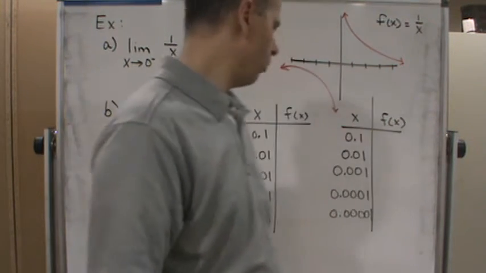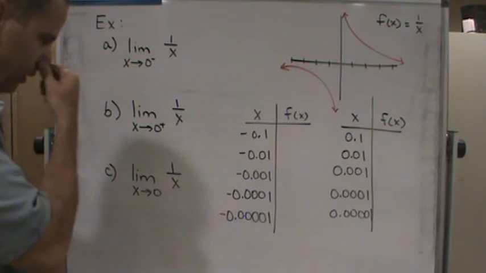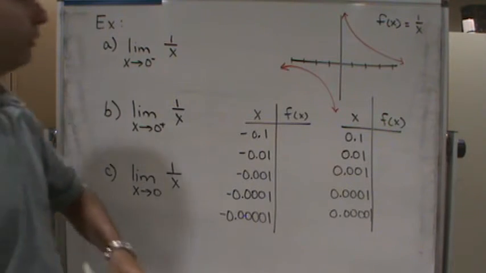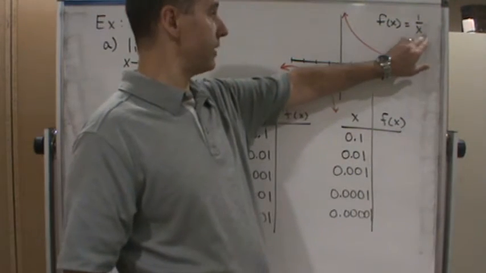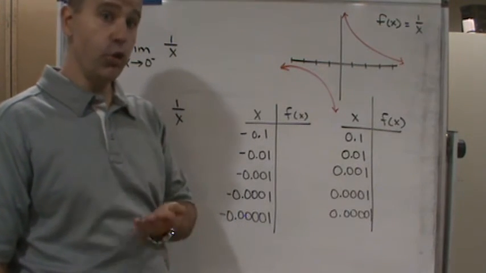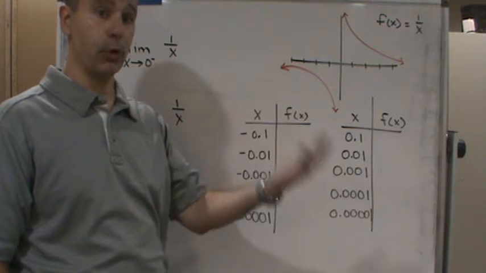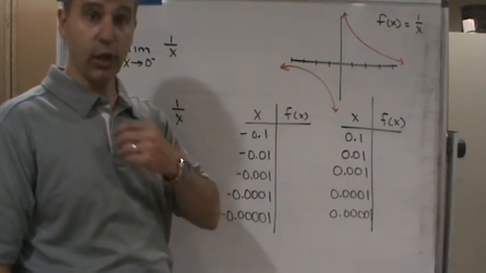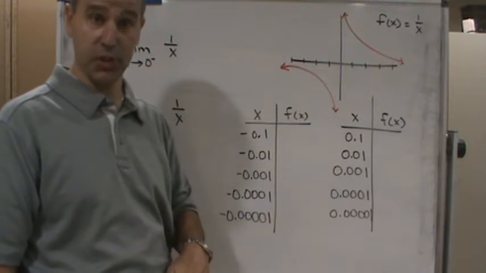Okay, so now I want to do an example where we're going to find the limits of the same thing. So we're dealing with the reciprocal function. Notice that it's 1 over x. You should know these basic functions from your time in algebra, pre-calculus, all the different algebra classes that you took to get to this point.